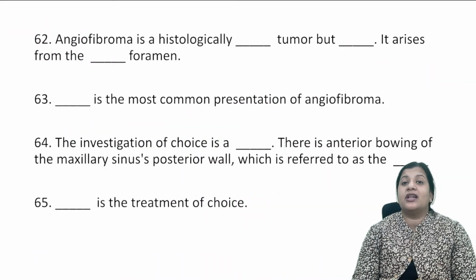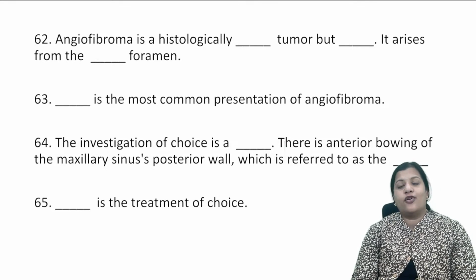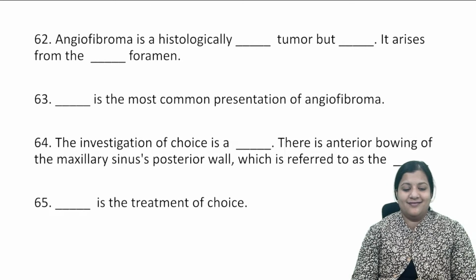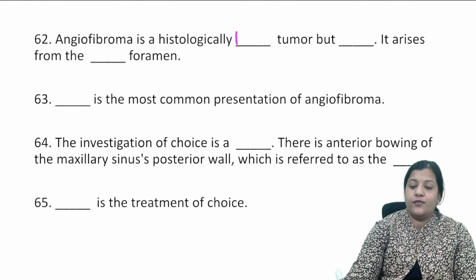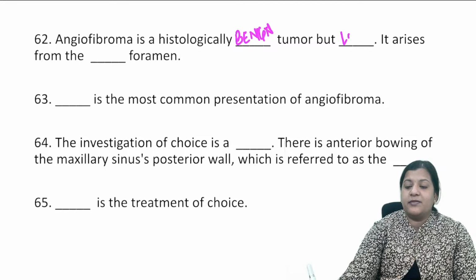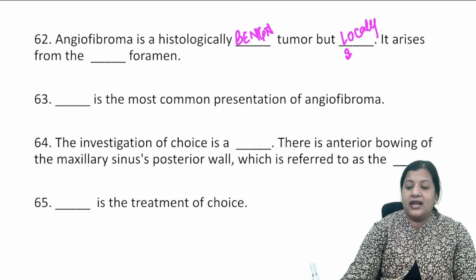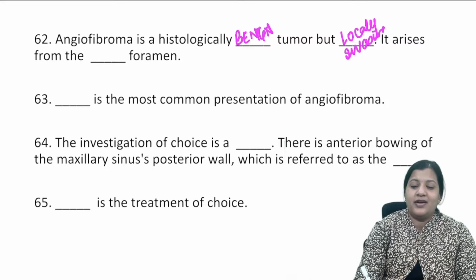Angiofibroma is histologically a benign tumor or a malignant tumor? Is it locally invasive or non-invasive? And it originates from which foramen? Yes, quick. Angiofibroma is a benign tumor. It is the most common benign tumor of the nasopharynx. But even though it is benign, it is a locally invasive tumor and it most commonly arises from which foramen?